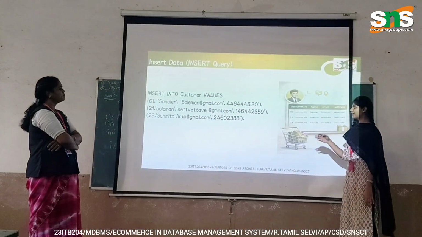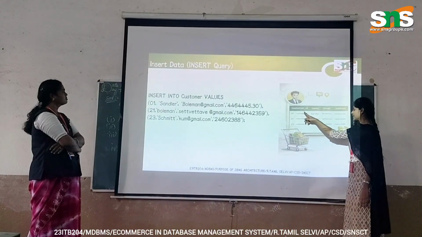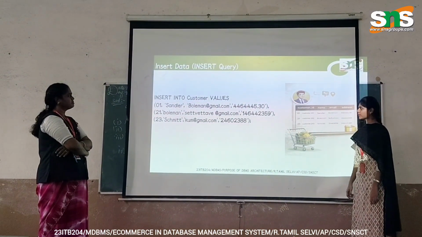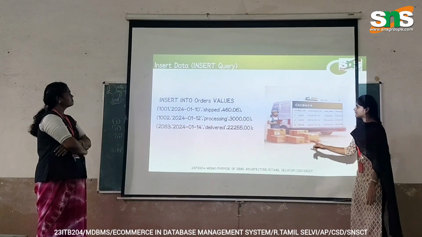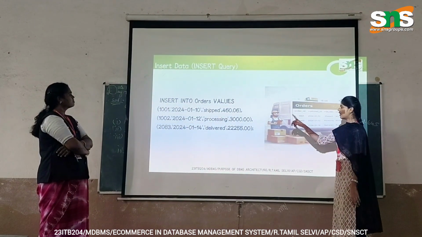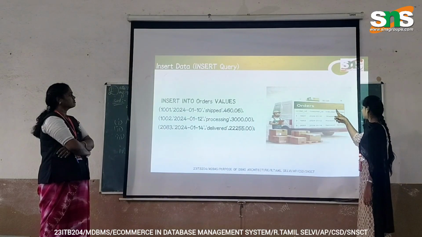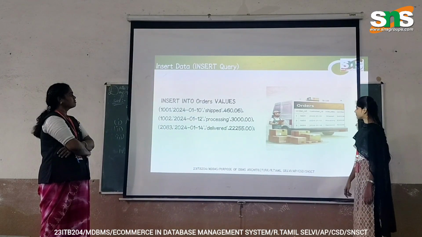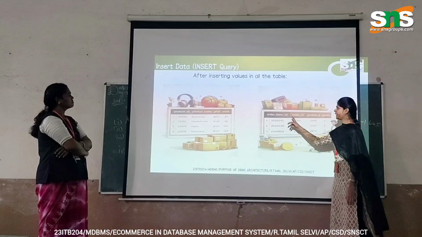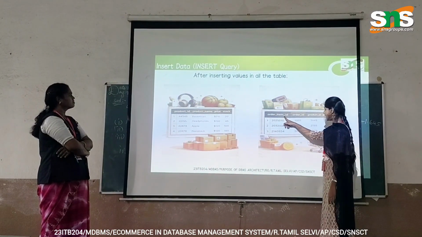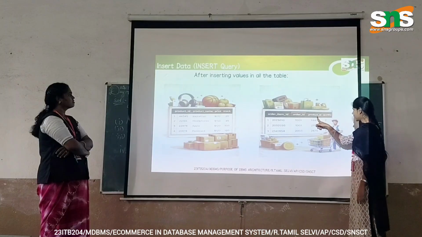We are going to insert values into the customer table: customer ID, name, email, and address. Inserting values into the order table: order ID, customer ID, address, and email. Next, inserting values into the order item table: order item ID, order ID, product ID, and quantity.